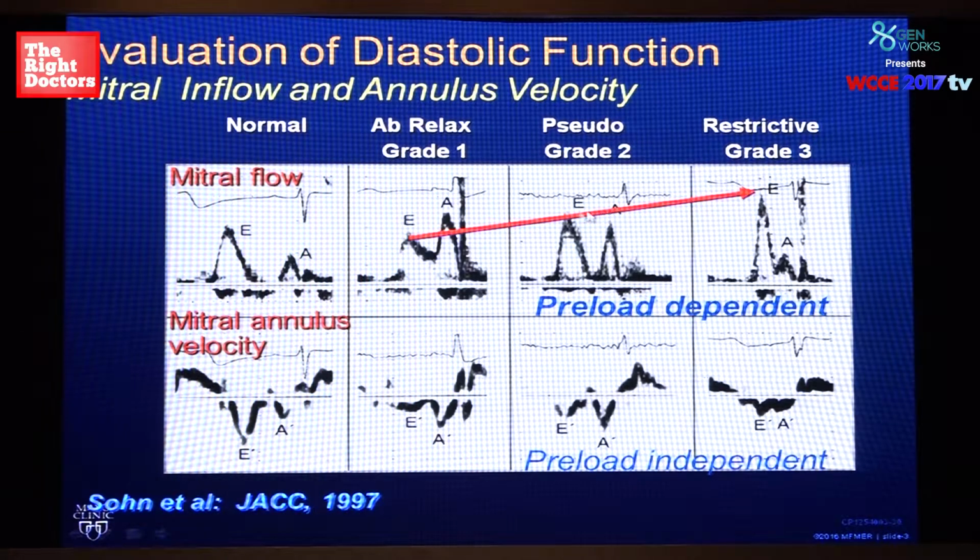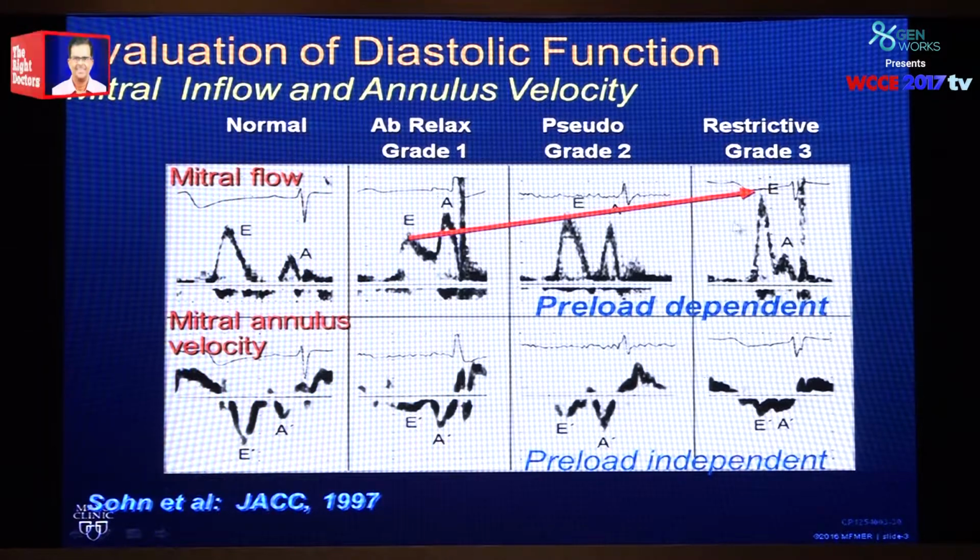So this particular mitral inflow velocity looks similar to the normal mitral inflow velocity, so that's what we call pseudo-normalization. So just looking at mitral inflow velocity alone, it'll be difficult for us to tell whether this is true normal diastolic function or pseudo-normal diastolic function here.